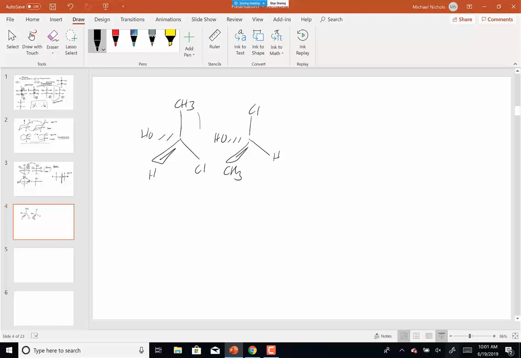So if I rotate the methyl group down here, the chlorine over here, and the hydrogen up there, that's not helpful. If I rotate in the opposite direction, then the other three groups will line up. So now all four groups are lined up.